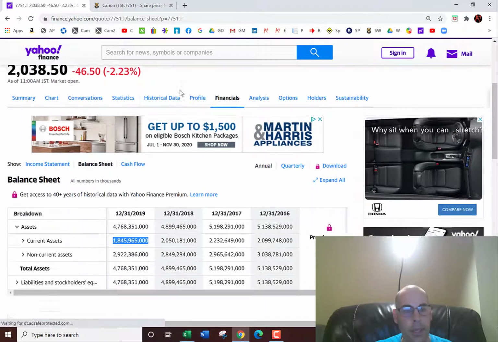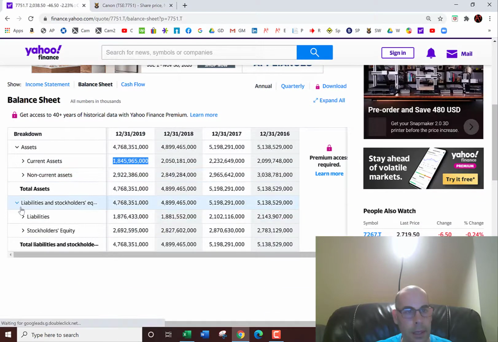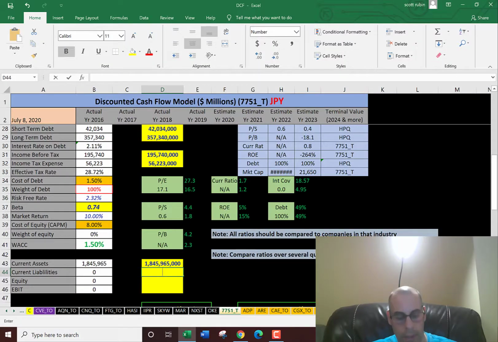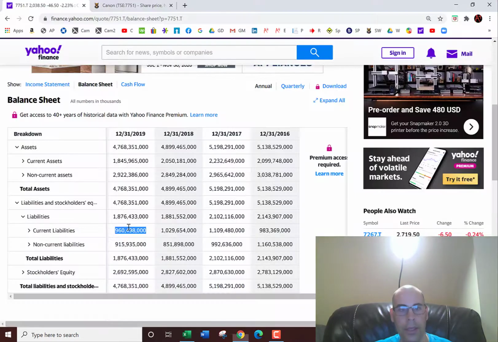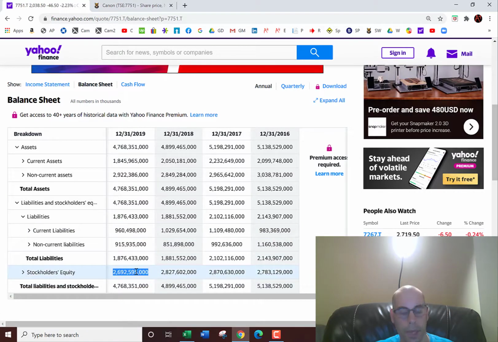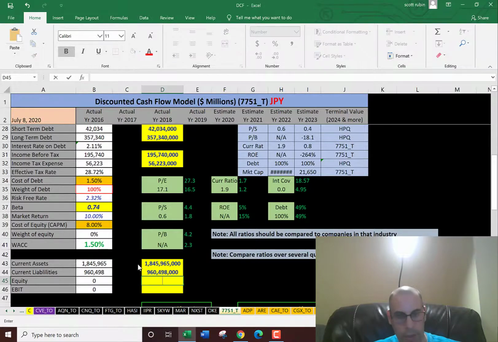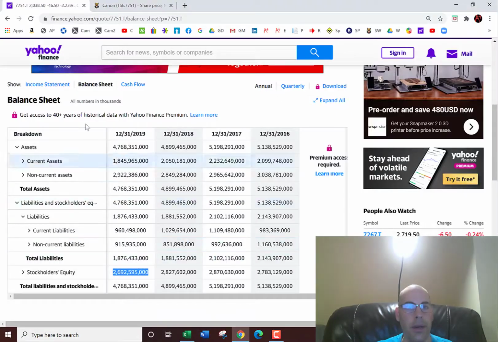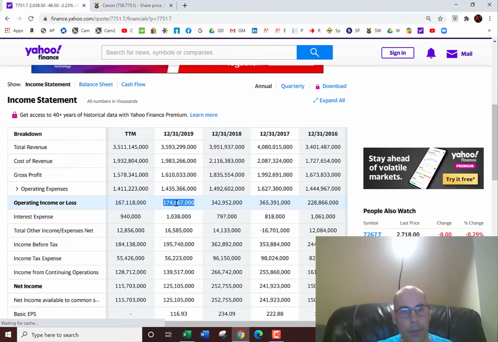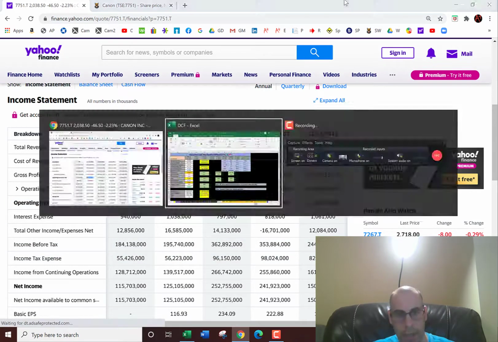And current liabilities are debts and payables which are due within 1 year, and that's 960 billion. Stockholders' equity is total assets minus total liabilities. That's 2.7 trillion. And EBIT, earnings before interest and taxes, or operating income, is 175 billion yen.